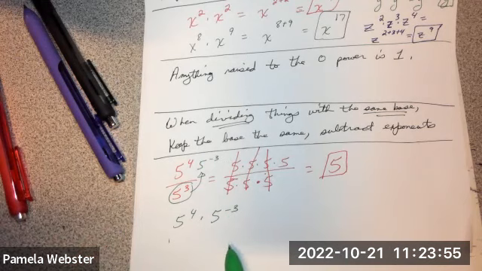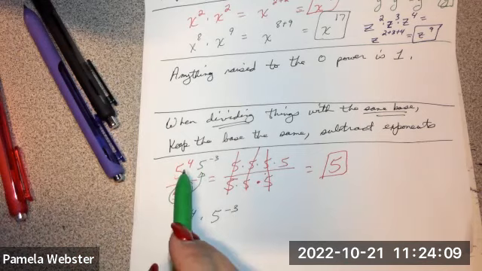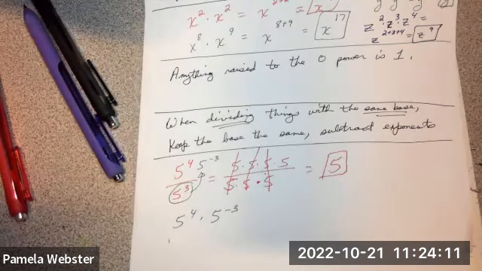Well, now that's a multiplication problem. If I move the guy in the bottom to the top and make him a negative exponent, and be careful about this, because it's not a -5, okay? The 5 is still going to be the same base. We check it, 5 here, they have the same base. So we're not changing the sign on the 5. We're changing the sign on the exponent.